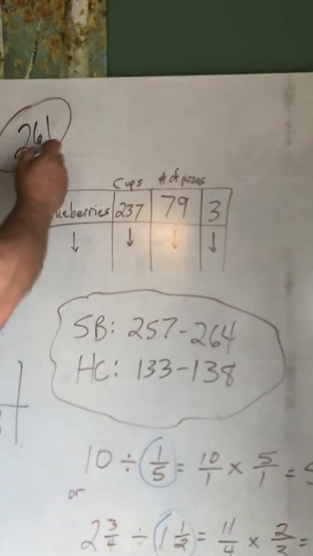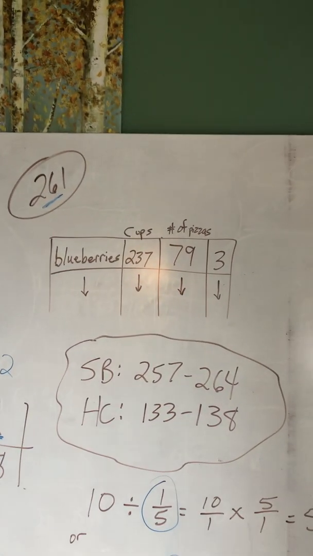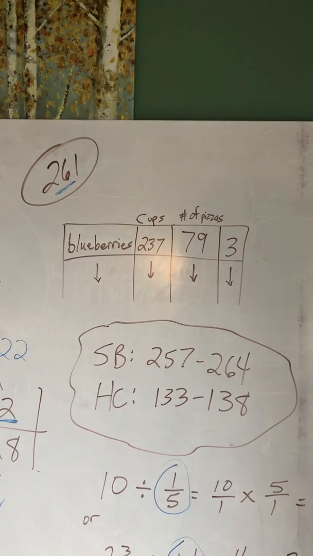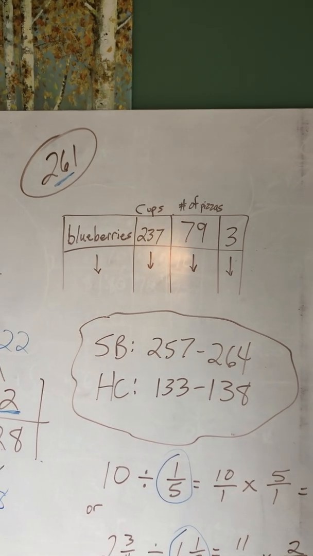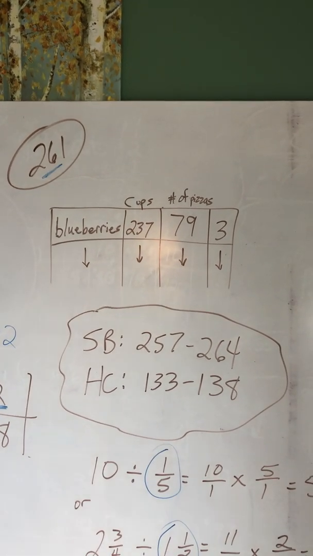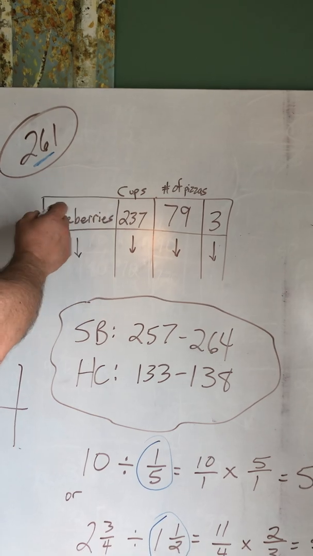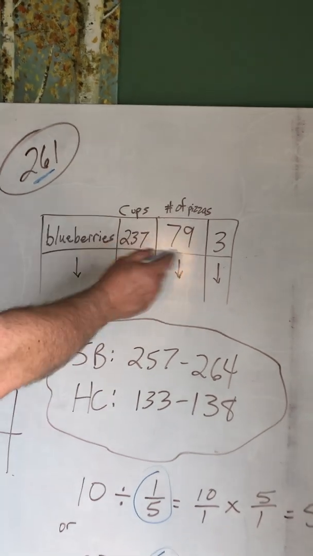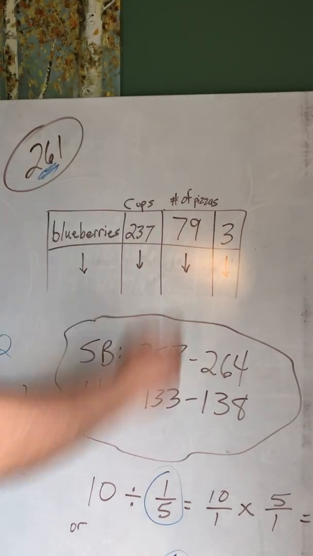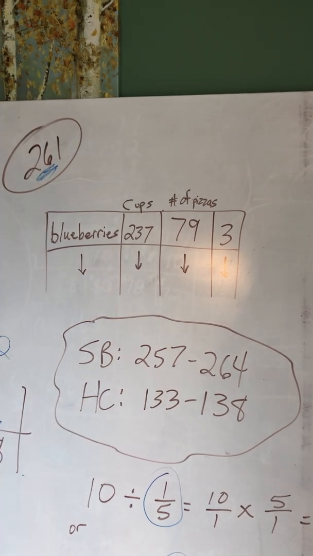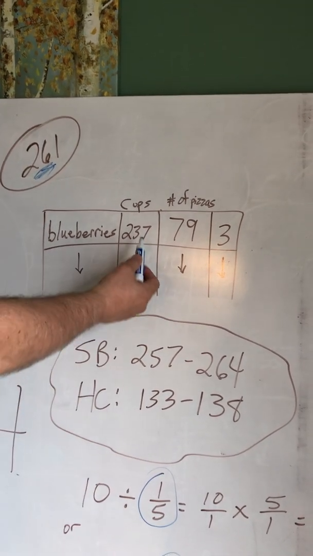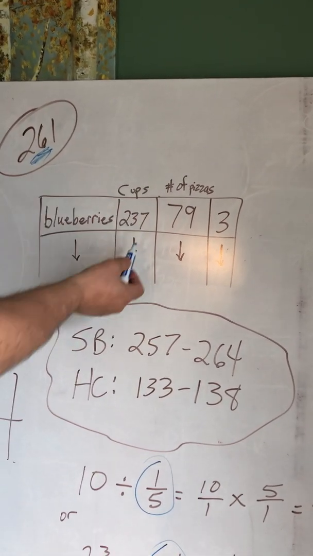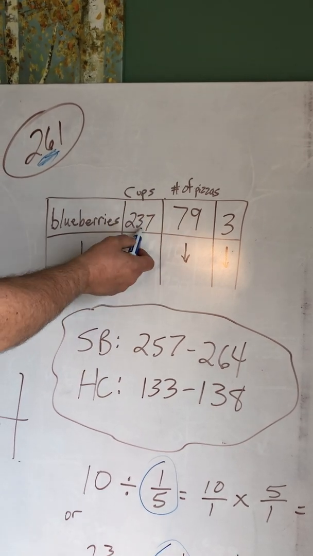Your student book 261 has, Bridges wants you to know all about fruit pizzas, okay? Don't ask me why. You'll see on 261 you have this chart of different berries, different fruit, and then how many cups it takes to do so many pizzas, okay?